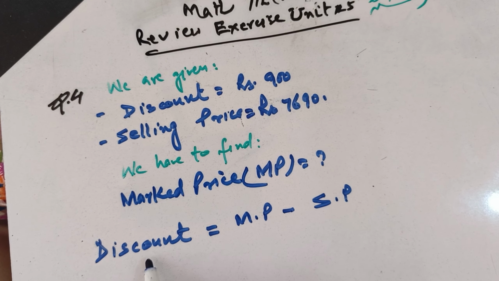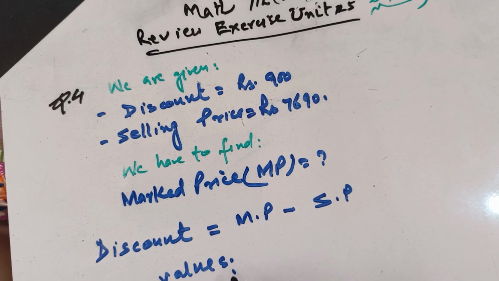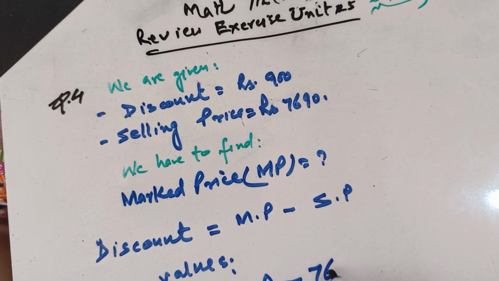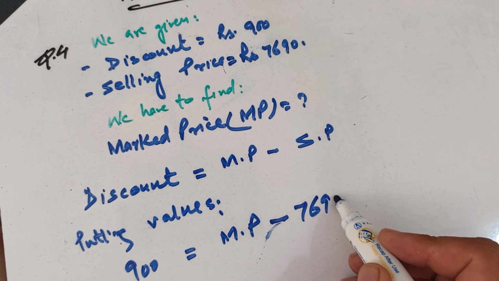And yes, we have to find the mark price here. So the amount of discount is given, which is rupees 900. So here, putting values, we will write the amount of discount, which is 900, and in place of mark price we will write just mark price, minus selling price, which is 7,690.